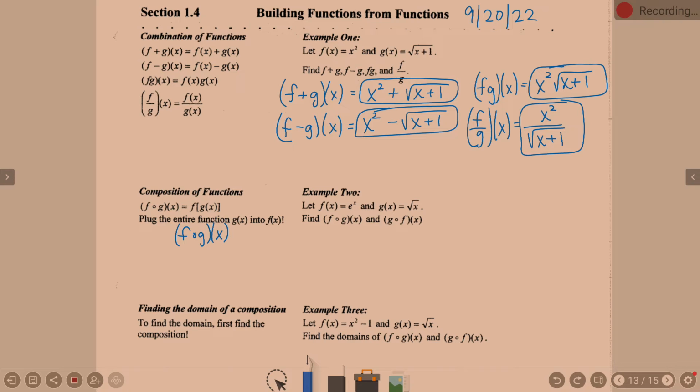As I think about f composed with g of x, or what I affectionately refer to as fog, realize to rewrite that, I can think of this as f of g of x. And I like that visual because that visual shows me that g is going into f. So if g is going into f, what is g?